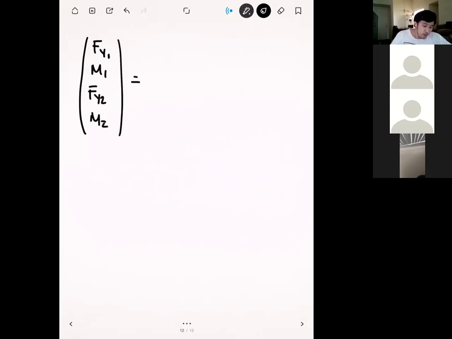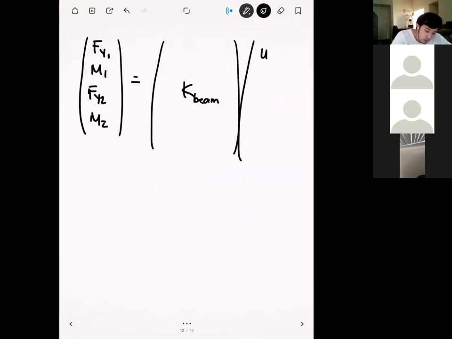So we're going to have Fy1, M1, Fy2, M2, and here is going to be our element stiffness matrix, which we call K beam. On the right-hand side, we have the corresponding nodal deformations: Uy1, theta1, Uy2, theta2. And so the question is, how do we get this matrix?